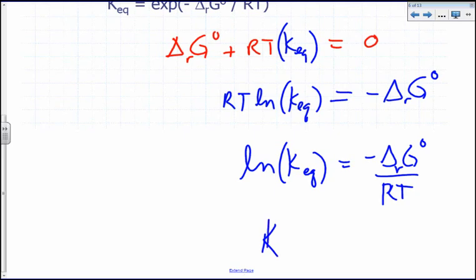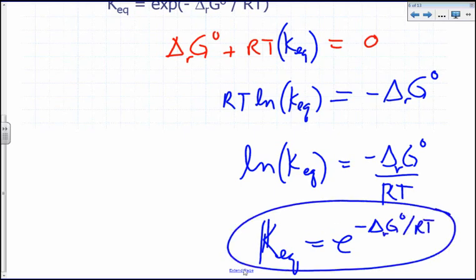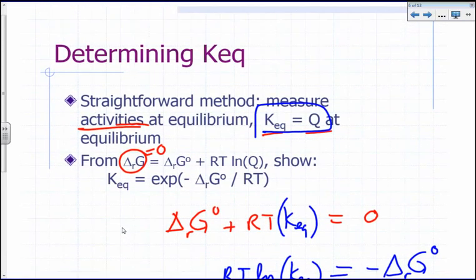And so KEQ equals e to the negative delta G naught over RT. So if you know the delta G naught for your reaction, you should be able to calculate KEQ. This is where the connection is between heat measurements, something seemingly unrelated, and chemical equilibrium.